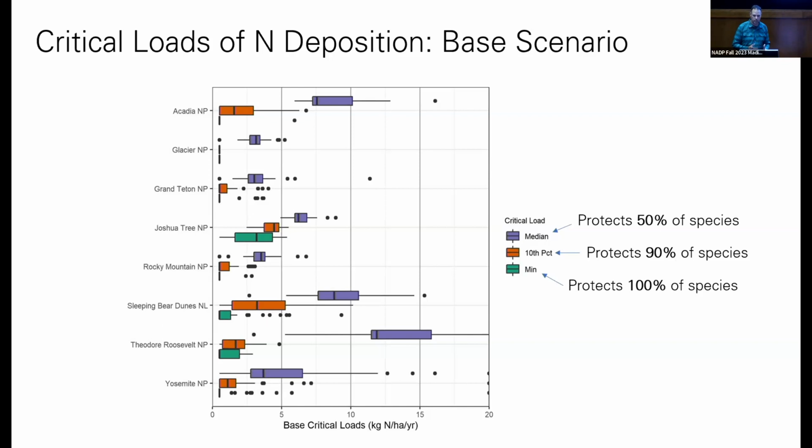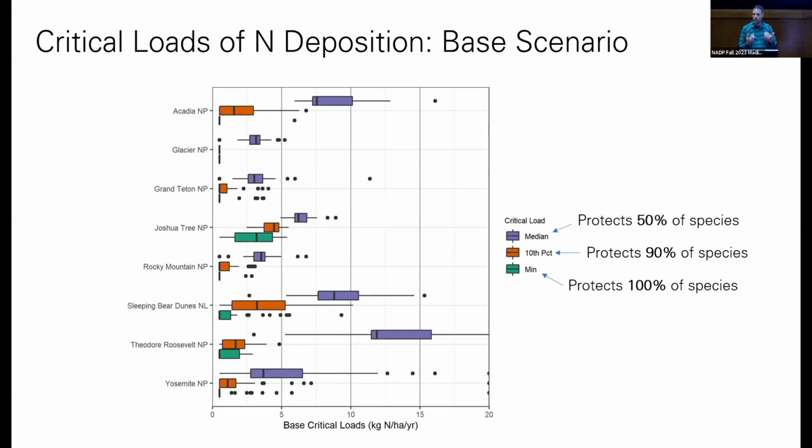And so when we're trying to protect all species, we have very low critical loads. You almost can't even see some of those green bars for several of the parks because those critical loads are driven by species that have a decreasing response to nitrogen deposition. So any level of increase in deposition is going to negatively affect the occurrence probability for that species.